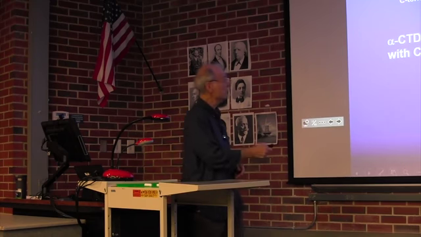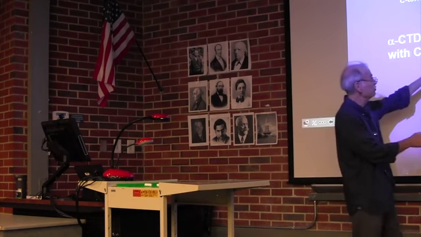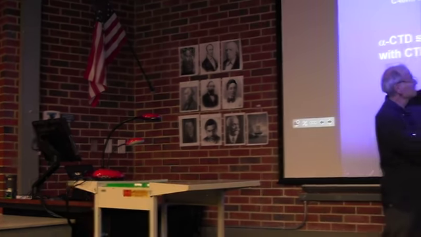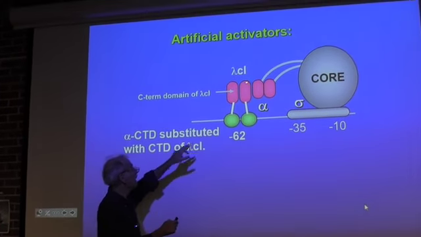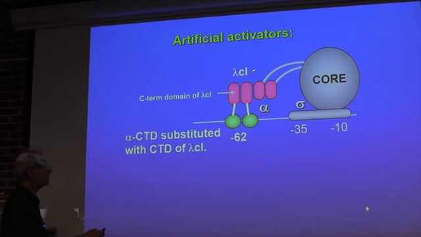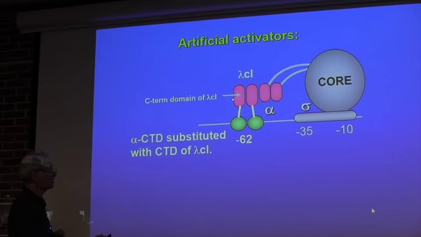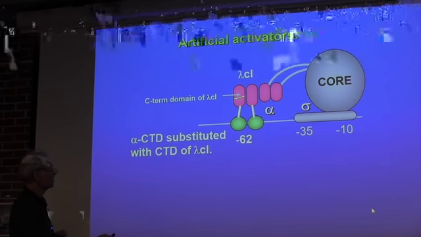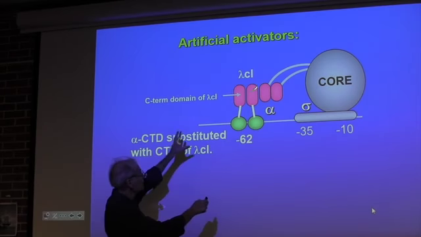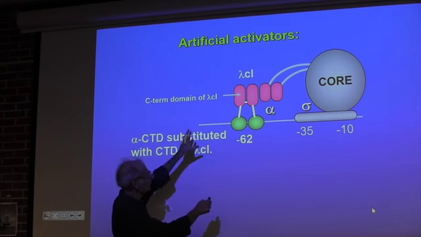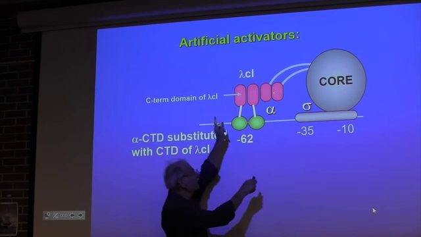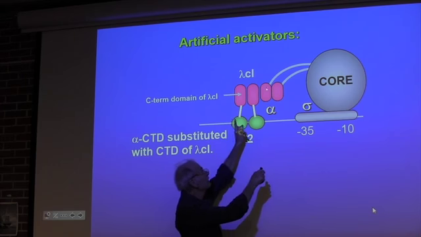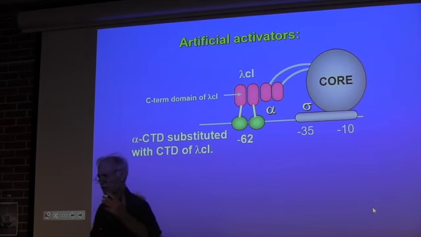And so to prove that, they said, instead of having a UP site here, we're going to take the lambda, which is a virus, you know, the phage, repressor, and since the lambda repressor forms a dimer with itself, it has affinity for itself, we're going to take this dimerization domain from the lambda repressor, and we're going to cut off the CTD and make the alpha subunit have the lambda repressor dimerization domain.